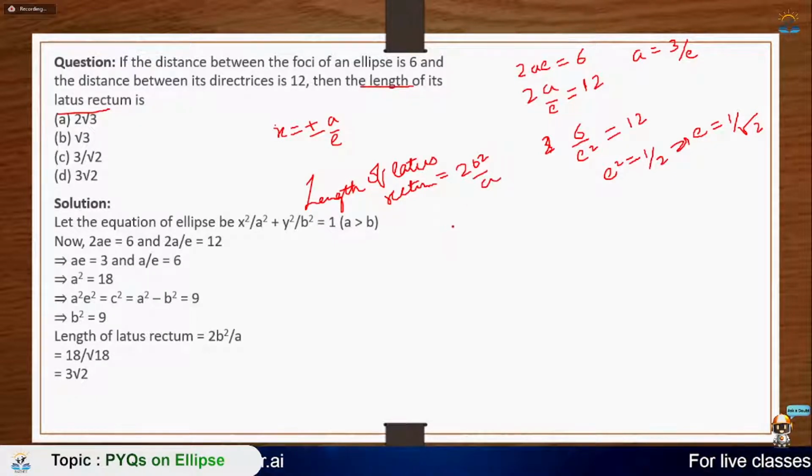So this thing is equal to how much? For that, I need to calculate the value of a and b. And I know that a is equal to 3 by e. So that thing is equal to 3 root 2. So my value of a is 3 root 2.